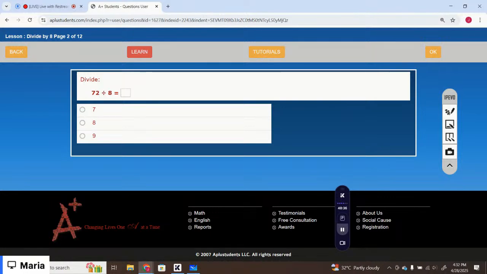Seventy-two divided by 8, which is the correct option? 8 times 9 is 72, so the correct option is 9.